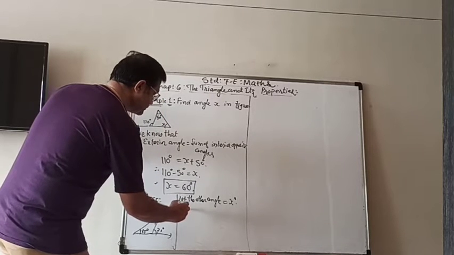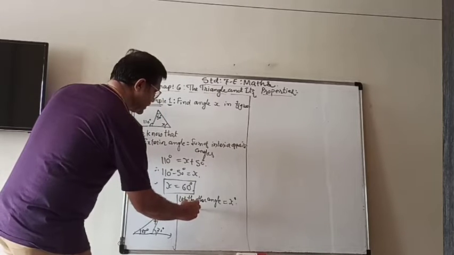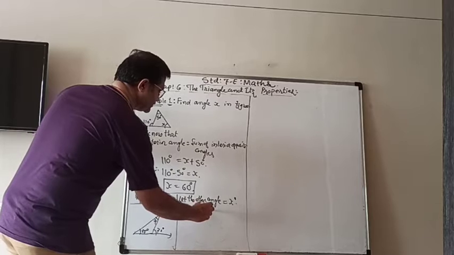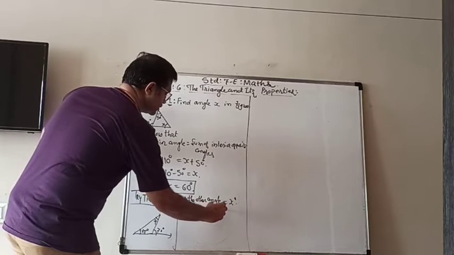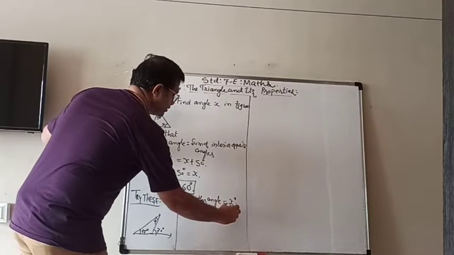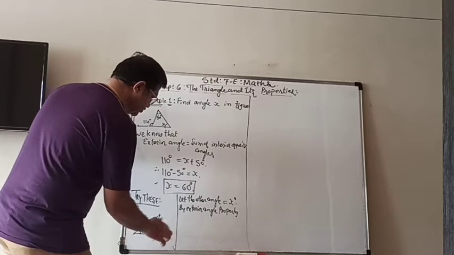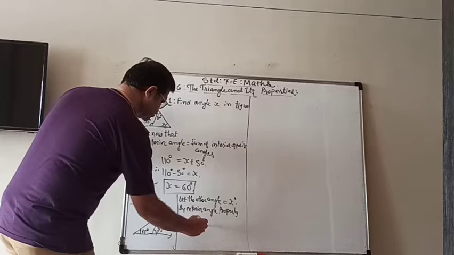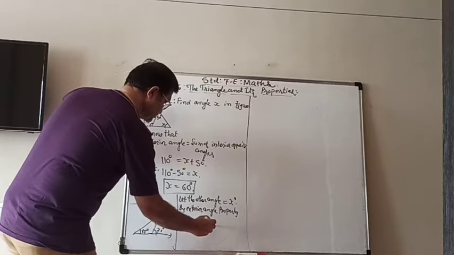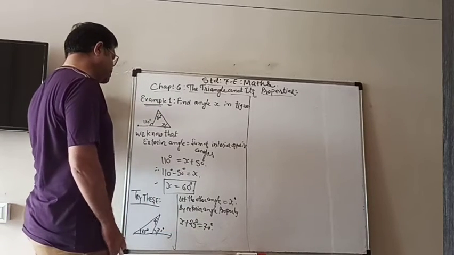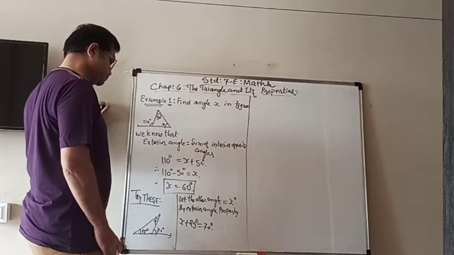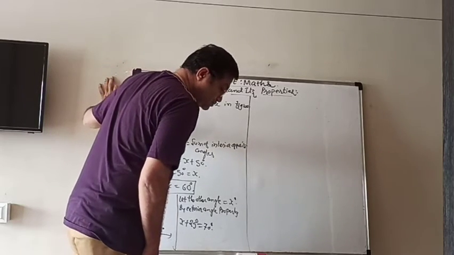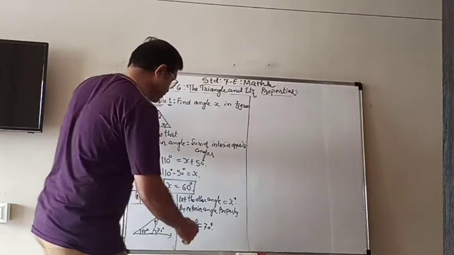Now by exterior angle property, we know that sum of these is equal to this, means x plus 25 degree is equal to 70 degree.